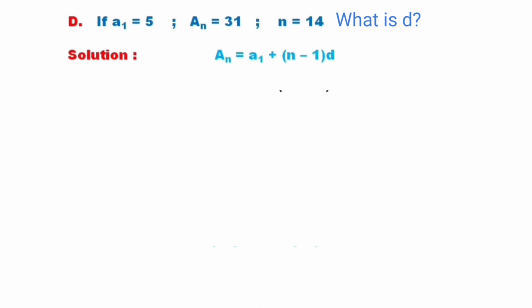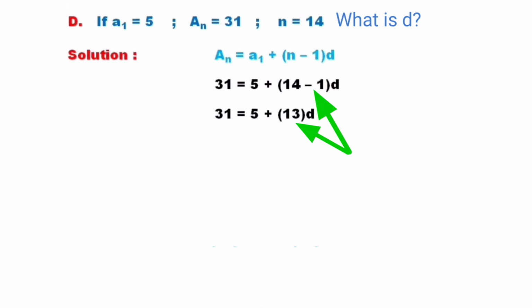So here is the solution. 31 equal 5 plus the quantity of 14 minus 1 times D. Next, 31 equal 5 plus 13 times D.